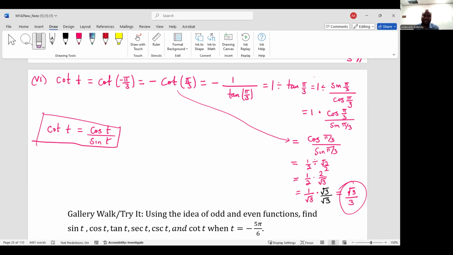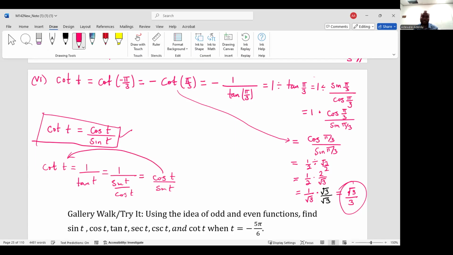So this is another way to represent cotangent. How did I get this? Remember, cotangent of t is the reciprocal of tangent of t, which is 1 divided by sine of t divided by cosine of t. And if we do the math well there, it should be cosine of t divided by sine of t. So this is another way to represent cotangent of t.